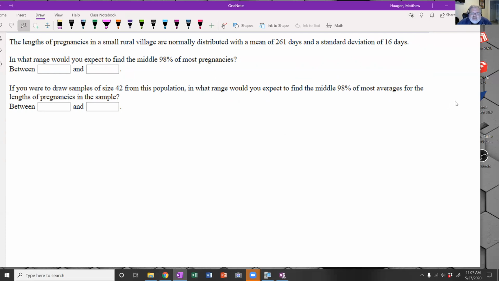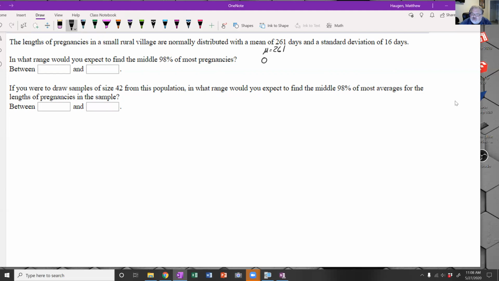So the lengths of pregnancies in this small rural village. Somebody's been collecting data on the lengths of pregnancies in this village for a long time. And we know the population mean for the number of days of the length of a pregnancy should be about 261 with a standard deviation of 16 days.